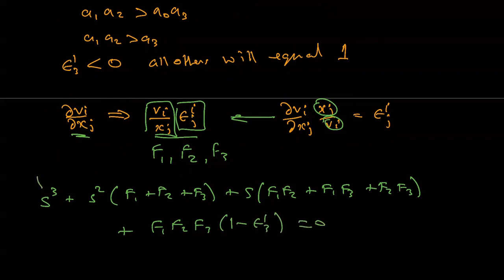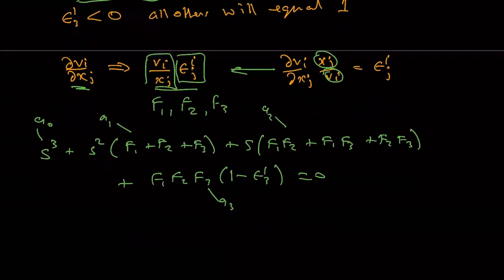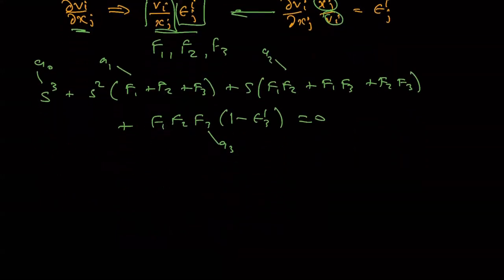So this is A0, which is 1, of course. This is A1, this is A2, and this becomes A3, okay? And so we use this expression then. We take all these coefficients and put them into that expression, and you get something like this. And then we get all these combinations.